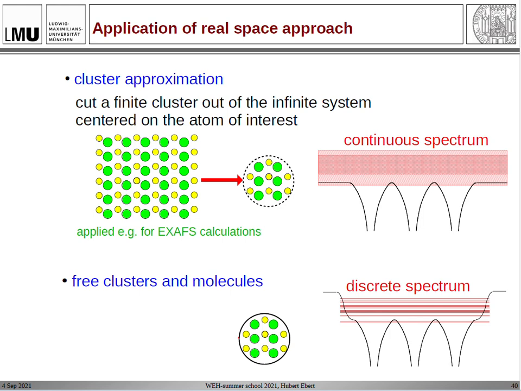But still, what I was talking about before, this still works. You can use all these multiple scattering expressions, and working in the complex energy plane, you don't have any problems to handle these discrete eigenvalues. You get it without any problem.